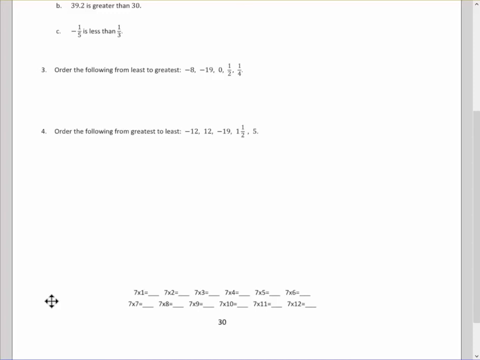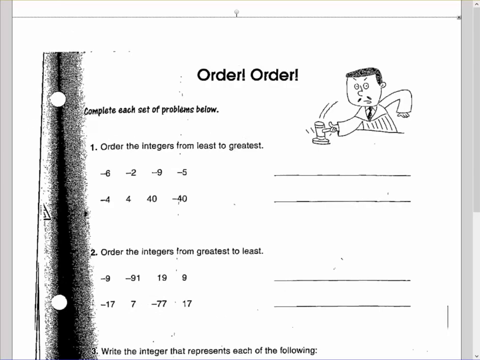And then you will be getting a worksheet that you have to do as well. So you're going to put these rational numbers, which include some fractions and some positive and negative integers, in order, and then you're going to do this page that is called order, and it says order the integers from least to greatest.